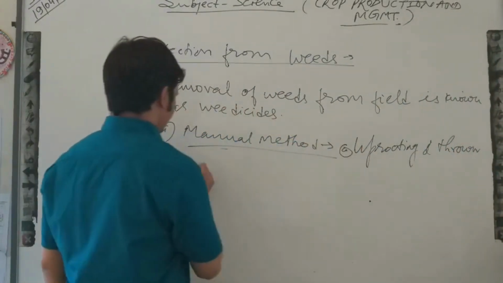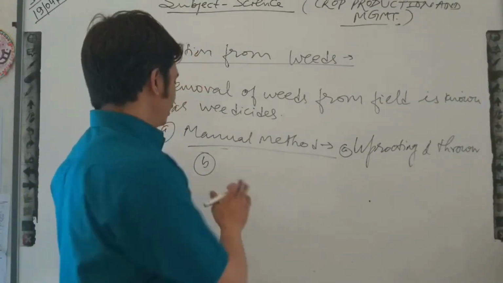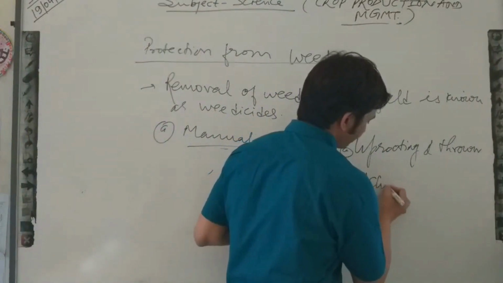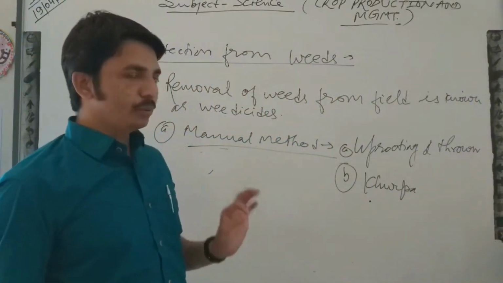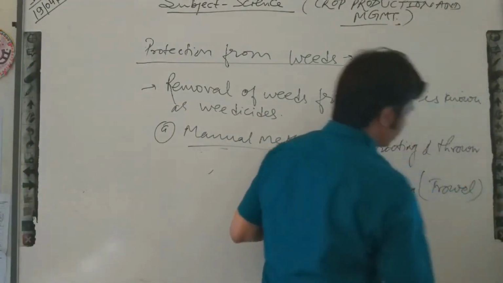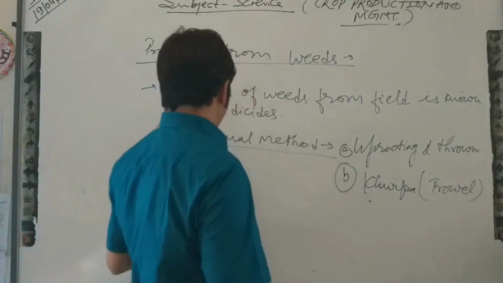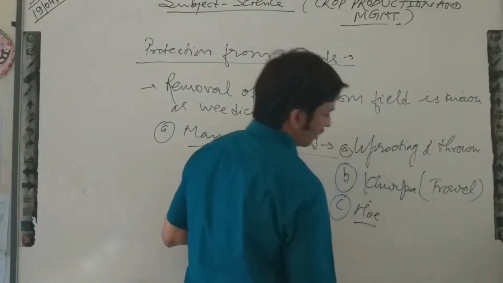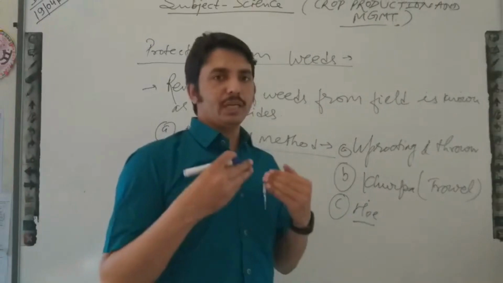Second, we will also remove weeds from the field by using some tools like kurpi. That is also known as kurpa or kurpi, or this tool is also known as trowel. So we will use a trowel to remove weeds from the field and throw them. Now third, we will use a hoe to remove weeds from the field. So these are the manual methods by which we can remove weeds from the field.